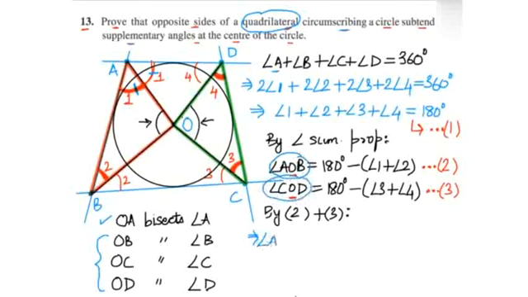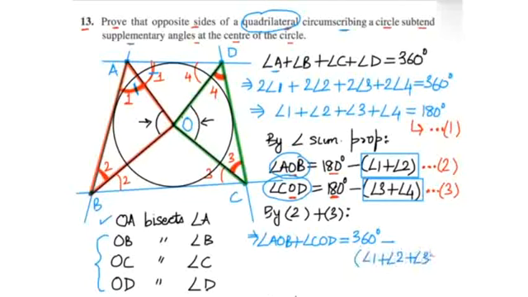On the right side we will have 180 plus 180, so that's 360 degrees, minus (angle 1 plus angle 2) and minus (angle 3 plus angle 4), so basically minus (angle 1 plus angle 2 plus angle 3 plus angle 4).